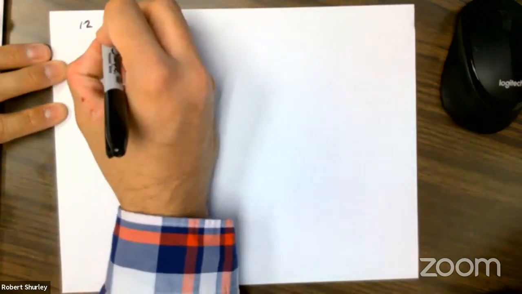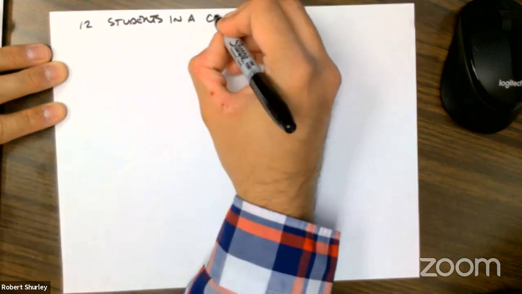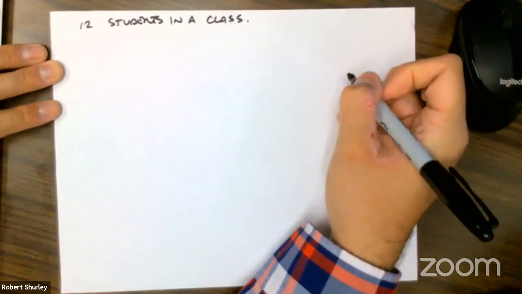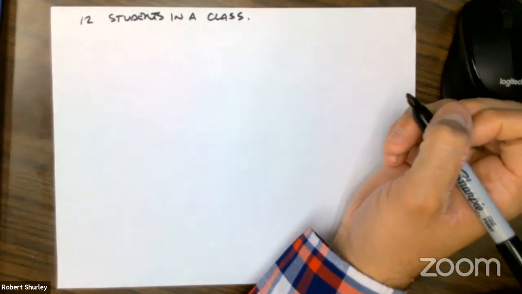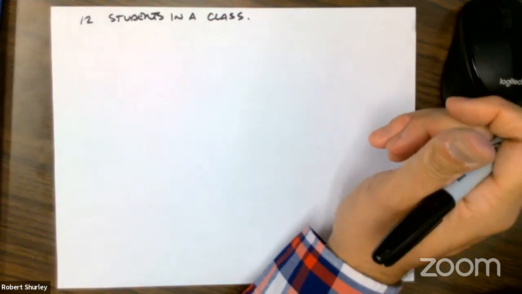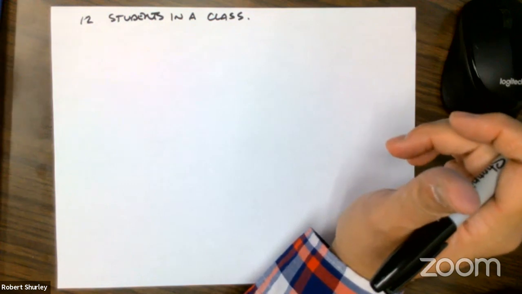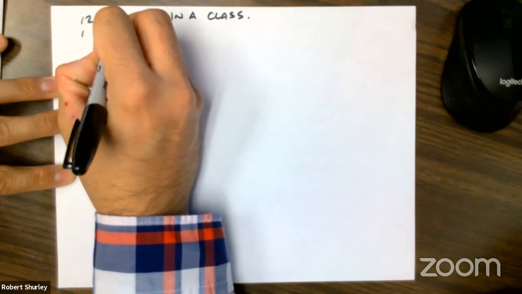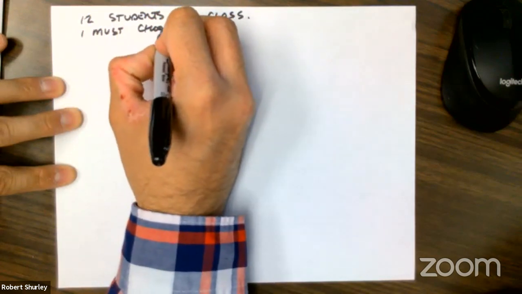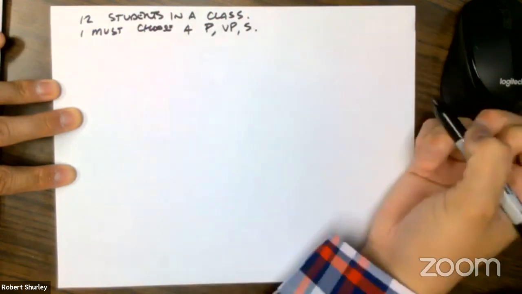Let's say I have 12 students in a class, and out of that 12, I have to choose, because for some reason we don't vote in this made up society example I'm giving you, a president, vice president, and secretary.